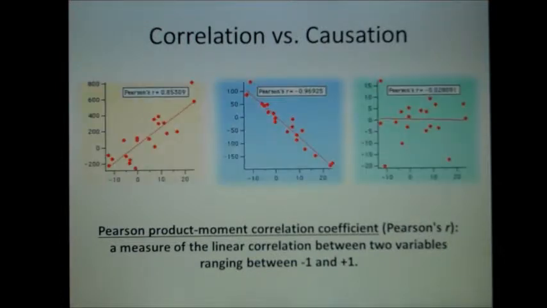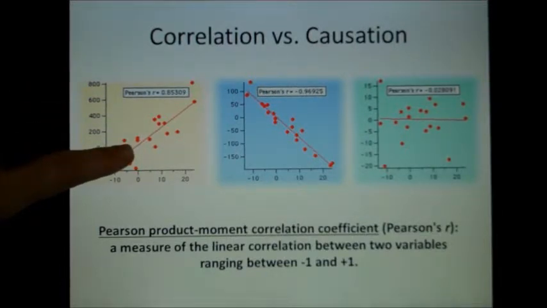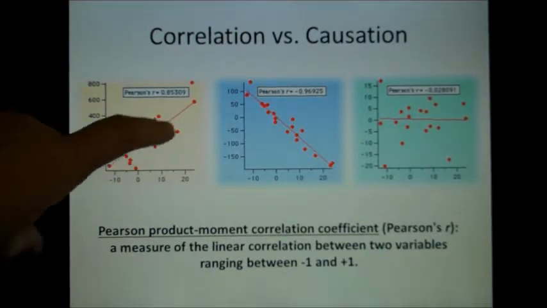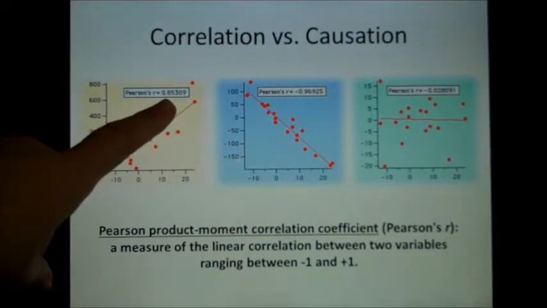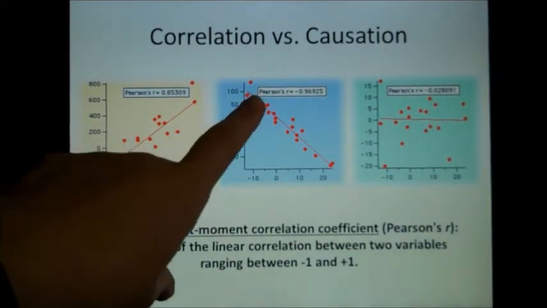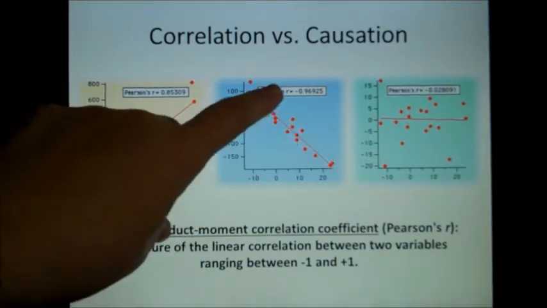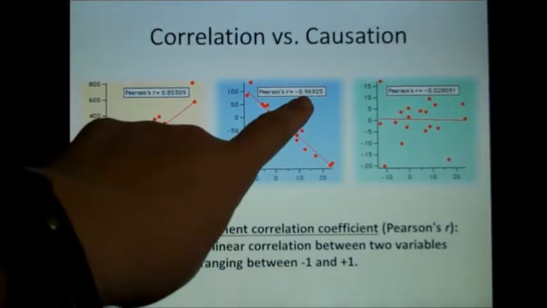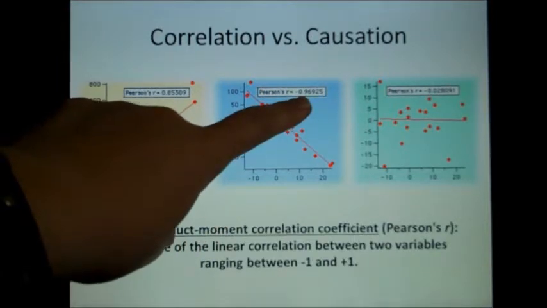Here is what you would see if you looked at it in chart form or in a graph. Here on the left, we have a very strong positive correlation. Notice how we have a line going up. The r is 0.85, so very close to +1, very strong. Here in the middle, we have a very strong negative correlation. All the little dots, all the pieces of data, cluster together around a line, and the correlation here is -0.96. Again, almost -1, very strong.